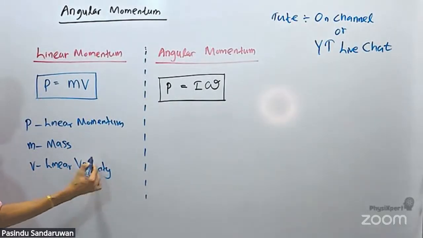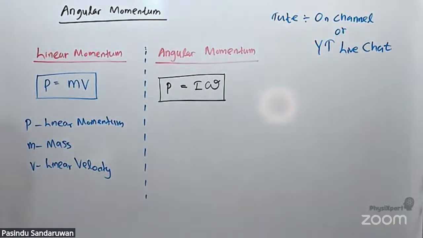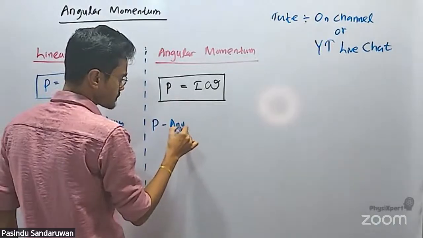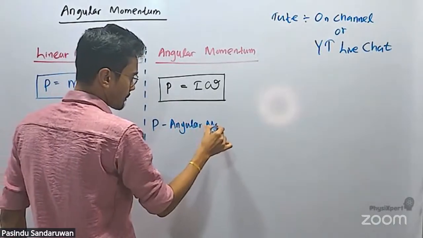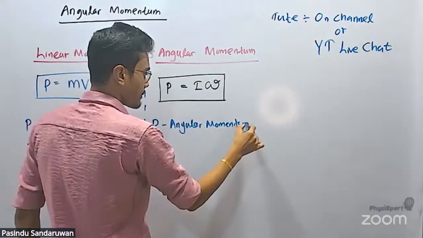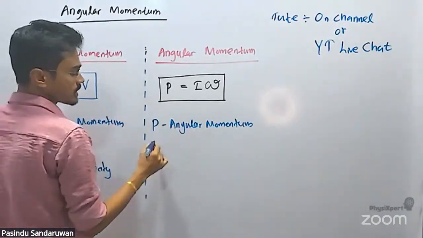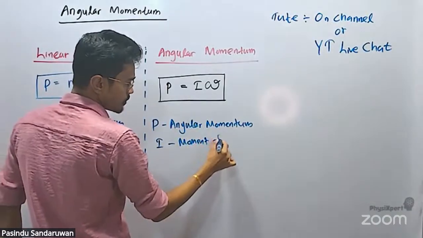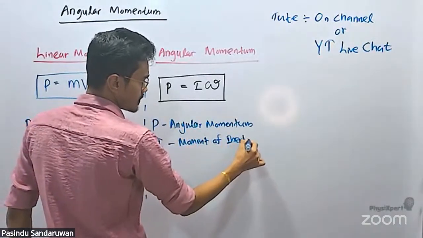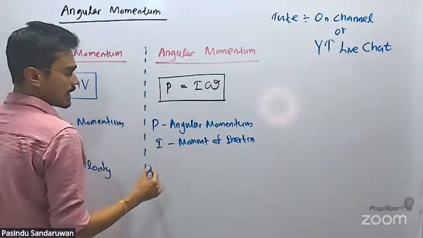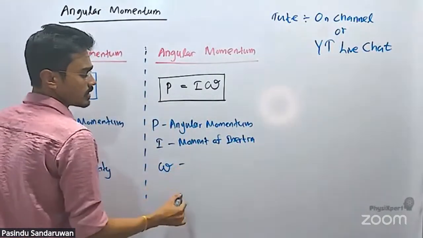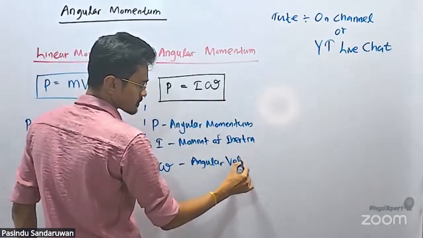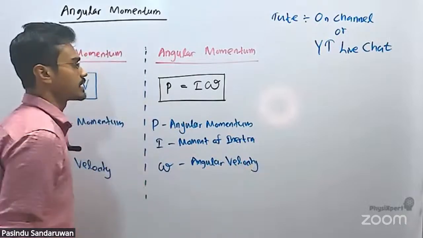And on this side, P is angular momentum, I is moment of inertia, and omega is angular velocity. Take it down.